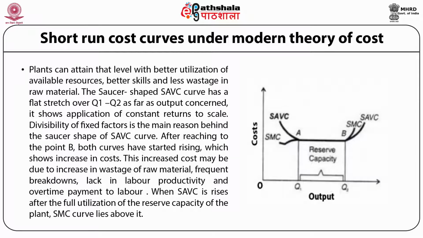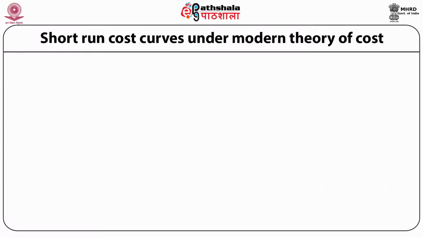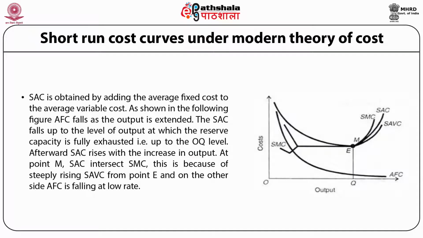When SAVC rises after the full utilization of the reserve capacity of the plant, the SMC curve lies above it. SAC is obtained by adding the average fixed cost to the average variable cost.